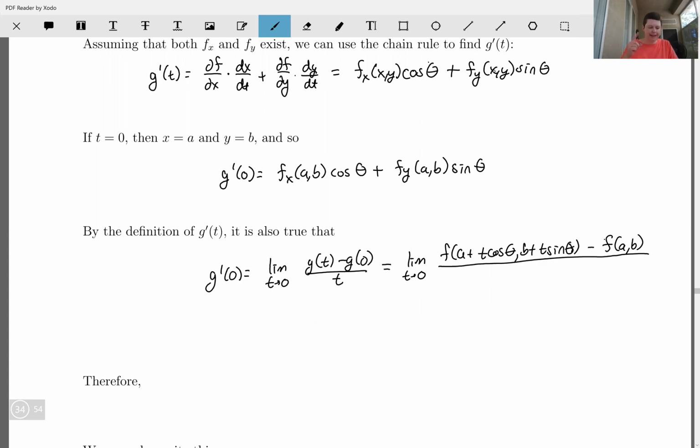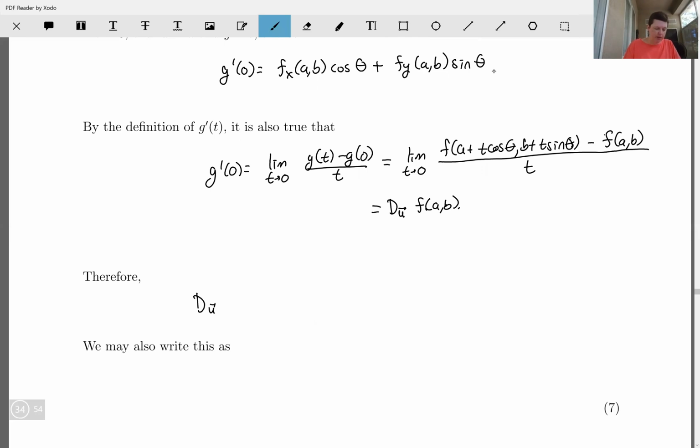But that is just the definition of the directional derivative of f at (a, b). So there you go.